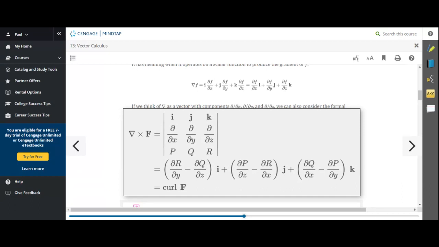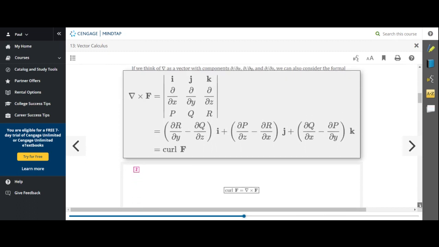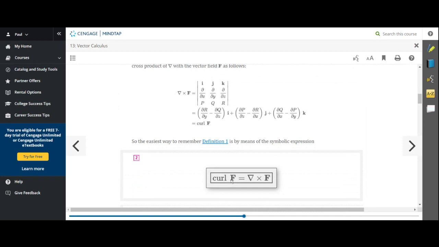Taking the cross product of this del operator, treating that like a vector, and the vector field F, that will give us the equivalent of the curl of a vector field F. So because of that, we can say that the curl of a vector field F is equal to the cross product of the del operator and the vector field. Okay, and so we just apply that cross product, and we don't have to memorize the definition of the curl.